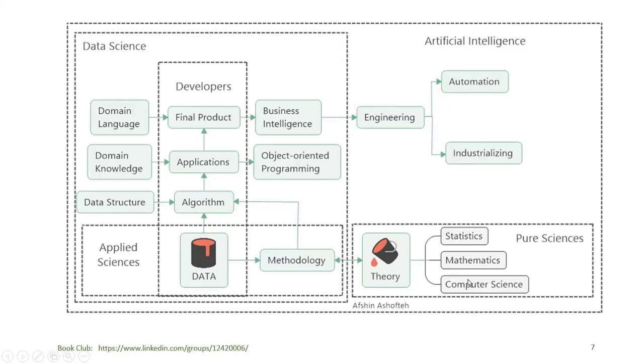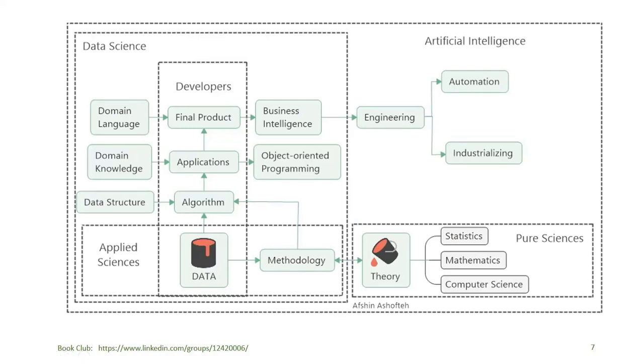And then the pure sciences like statistics, mathematics, computer science, which are in the faculty of science, work on the problem and make some theory for us. Okay, so we have some theories. These theories are turned into methodologies, which are the applied part of the theory.